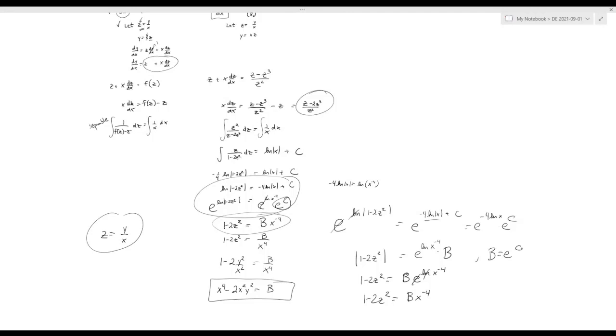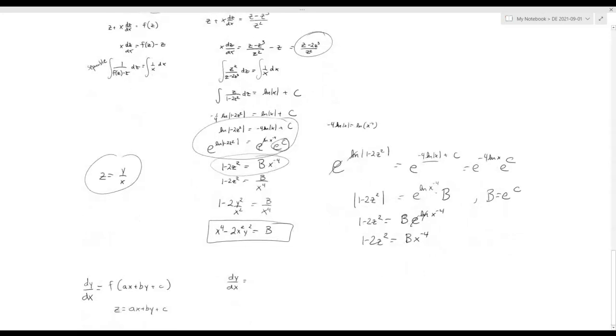But okay, why do we solve for this? Shouldn't we be solving for y? Yeah, this is not an explicit solution for y as a function of x. It's an implicit solution that relates x and y. Sometimes you're able to solve for y, other times you're not.